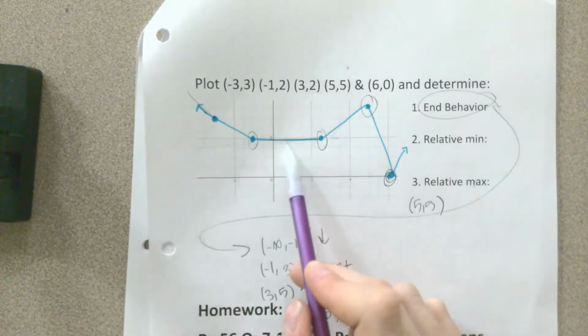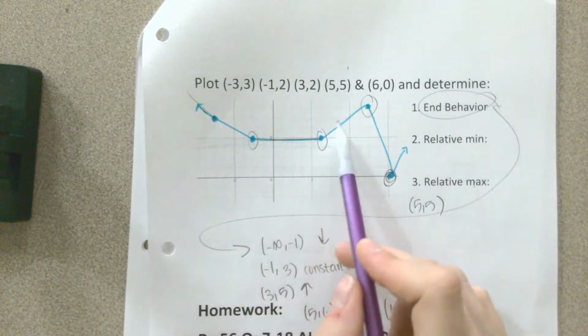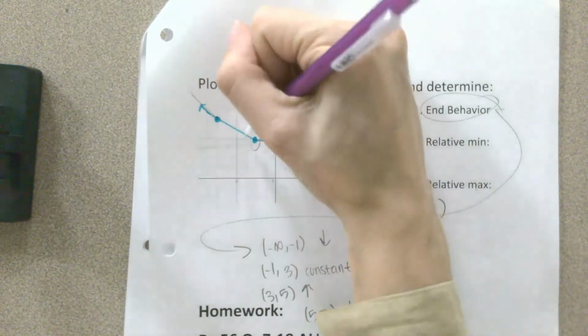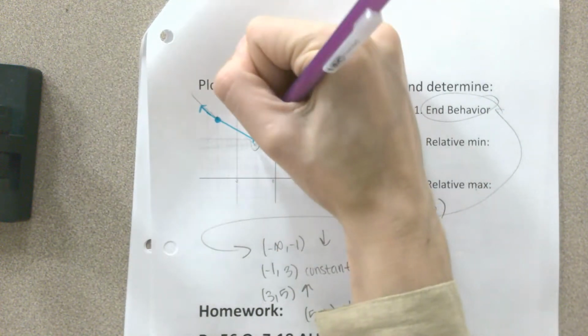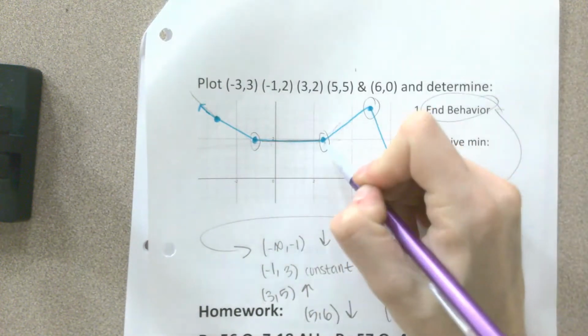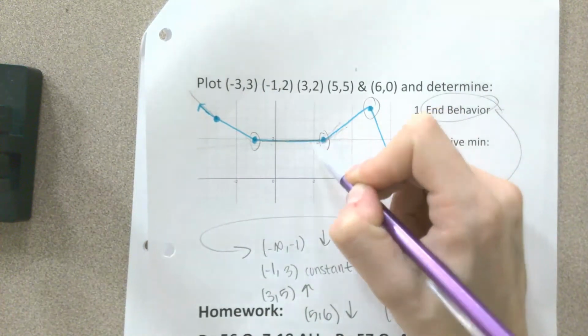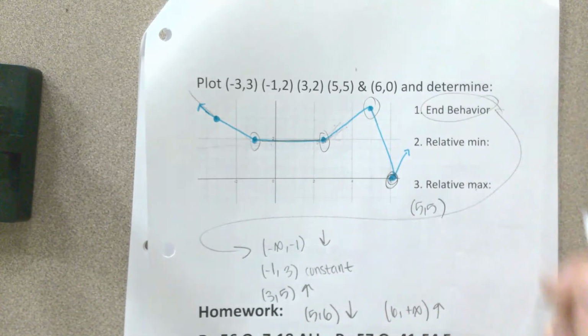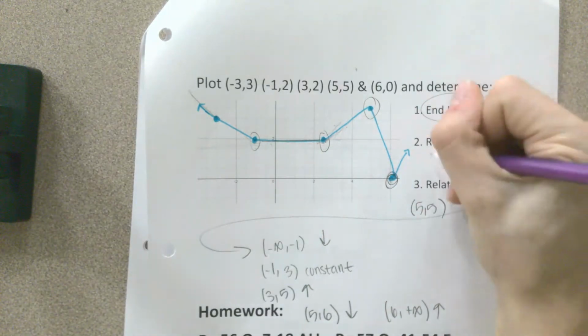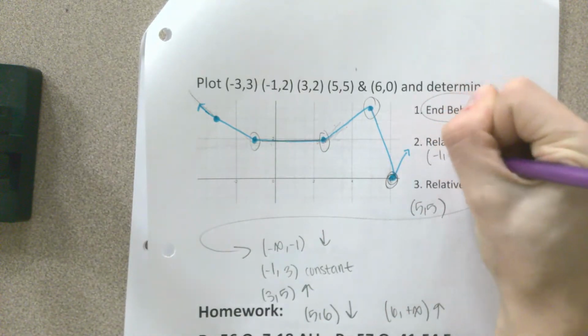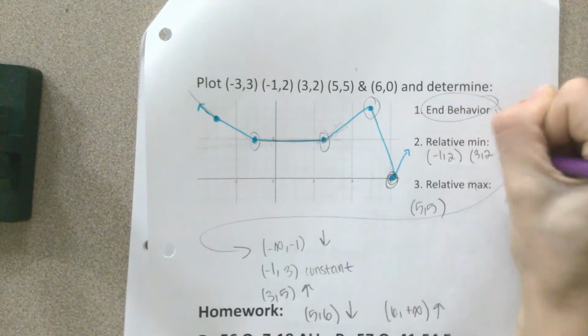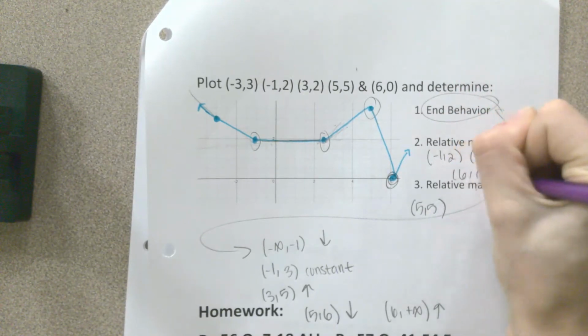And they remain constant here, and it went from decreasing to constant to increasing. So this is a min between these two pieces of our function. So our relative mins are at negative 1, 2, and 3, 2, and 6, 0.